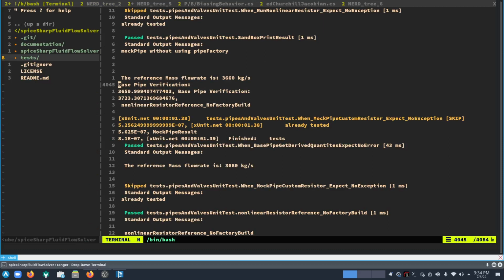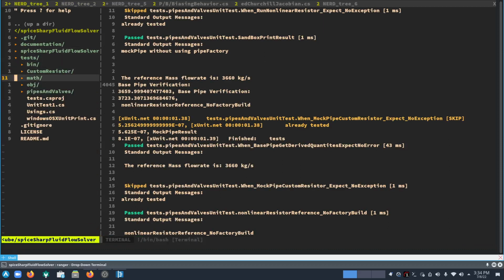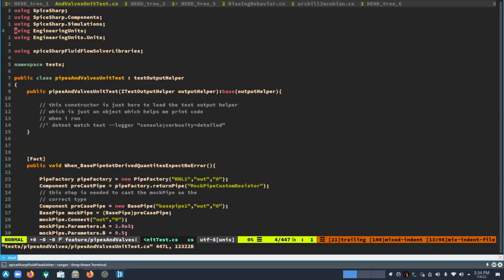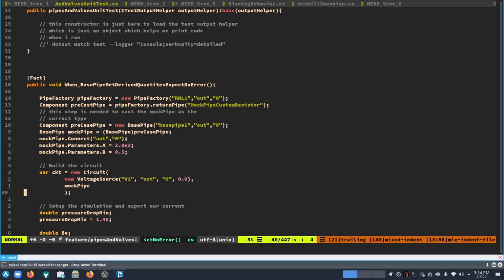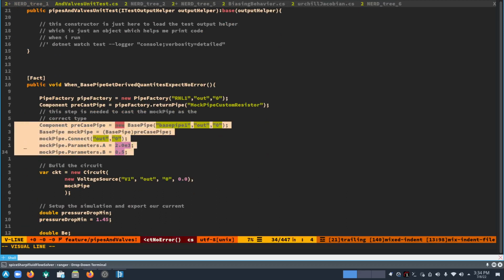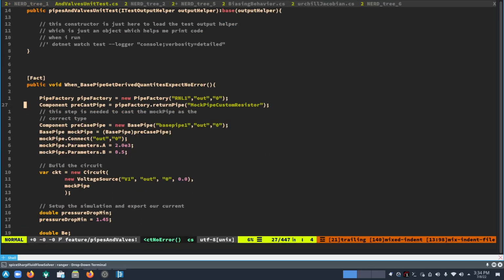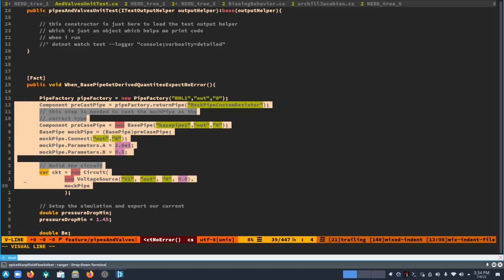I'll open the tests here. This is the pipe and valve test, and this is how the test code goes. I will just have this base pipe here, which I call mock pipe.